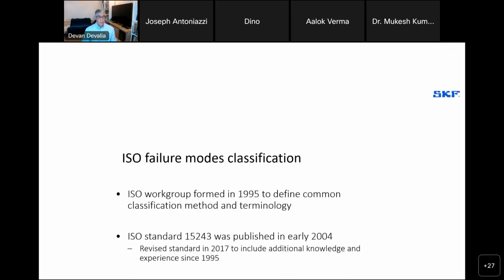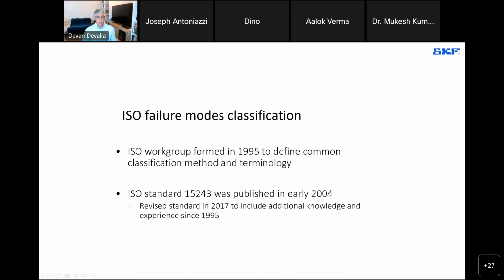So back in 1995, a work group was formed, and a lot of the major bearing manufacturers were involved, including SKF, to define a common classification method and terminology for different types of rolling bearing damage. ISO standard 15243 was published in 2004 and updated in 2017 as a result of that work.